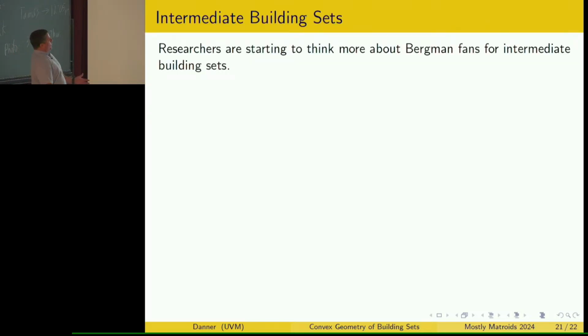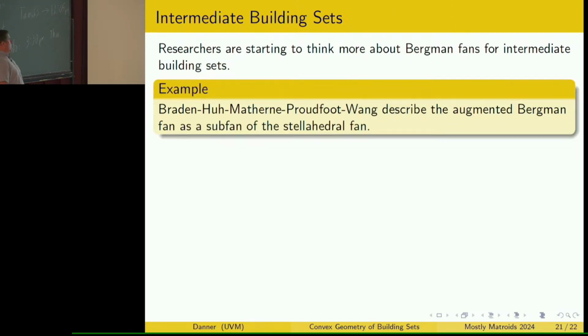Researchers are starting to think more about Bergman fans for intermediate building sets. If you look at a lot of papers, some people don't even say it, or they say, oh, we're using the minimal building set, or we're using the maximal building set. We were very curious what happens if you consider what's going on in between. Several people do consider that. For example, Braden, Huh, Matherne, Proudfoot, and Wang described the augmented Bergman fan as a subfan of the stellahedral fan.